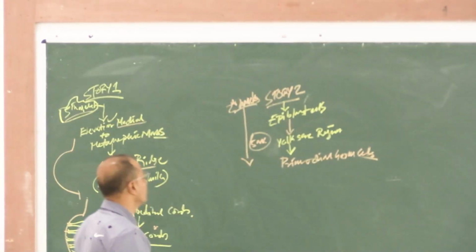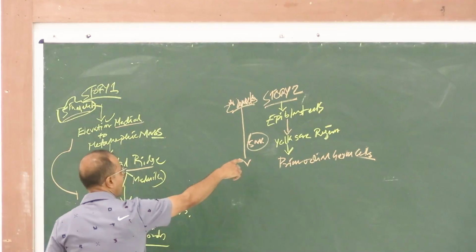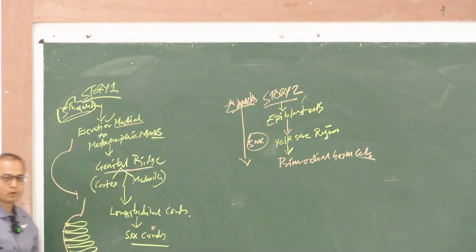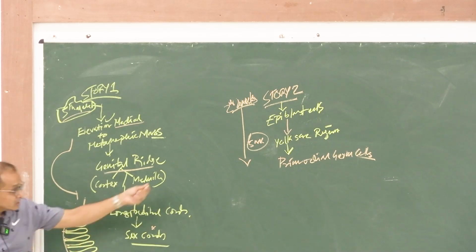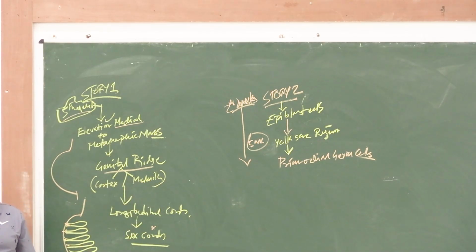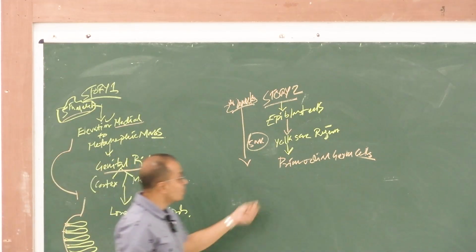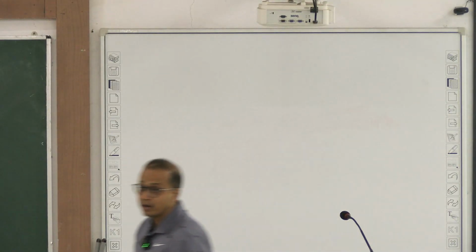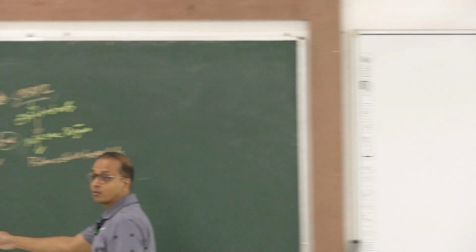Now, what happens? Once we have achieved the 5th week of life, the sex cord is produced in this region. The primordial germ cells get a signal that it's time, and they start moving. The primordial germ cells that were settled on the yolk sac, the sac you are looking at here, start migrating towards the sex cord region.